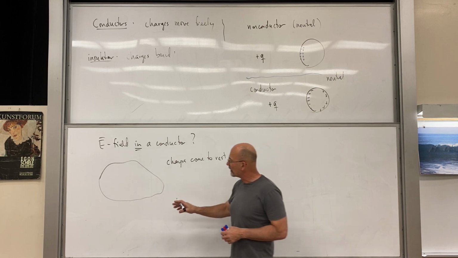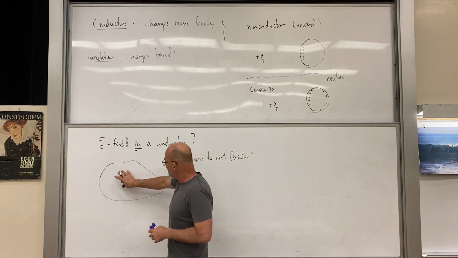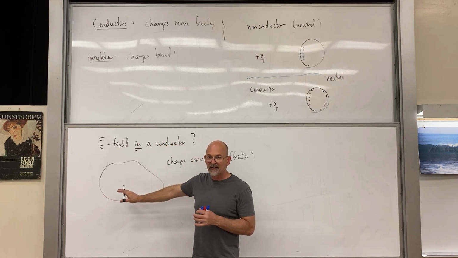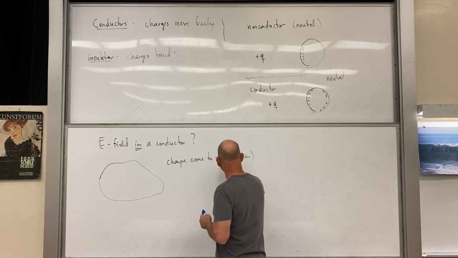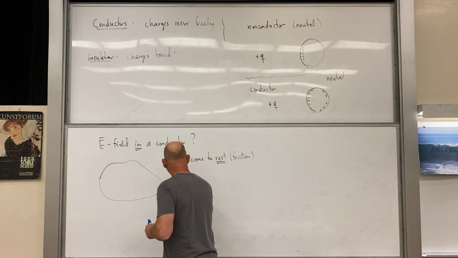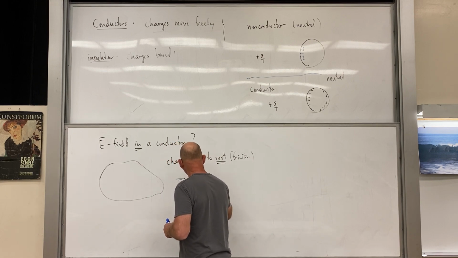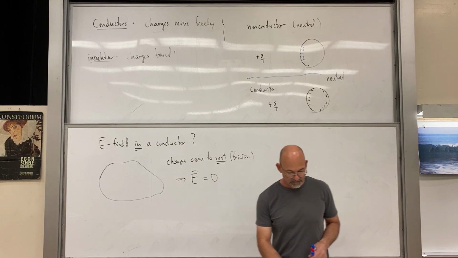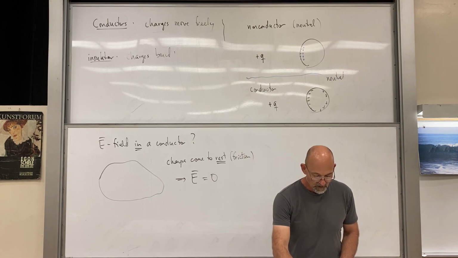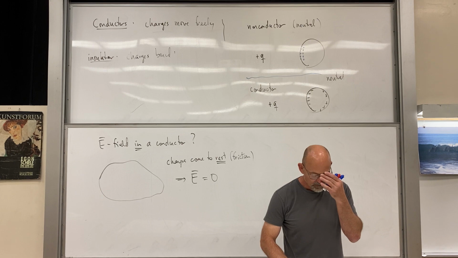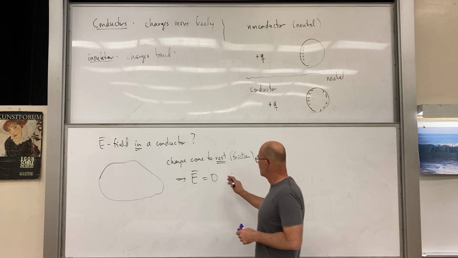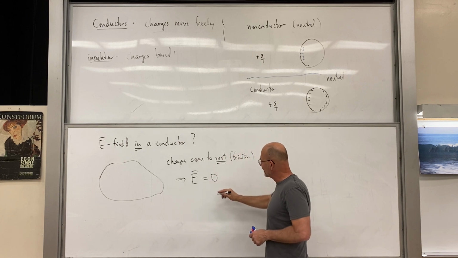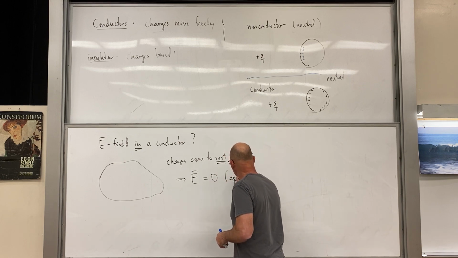But yeah, if they come to rest, then by definition, there's no more net field inside the conductor. So if they come to rest, then E equals 0 inside the conductor. So that's the equilibrium argument. To rest, E equals 0, so I'll write equilibrium.